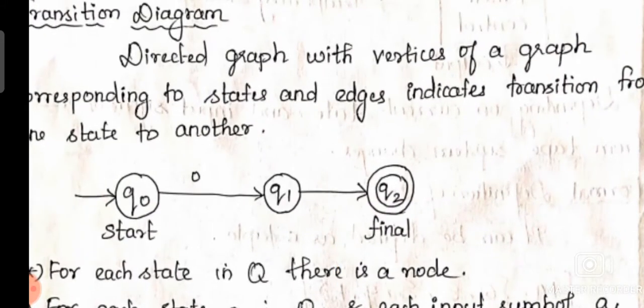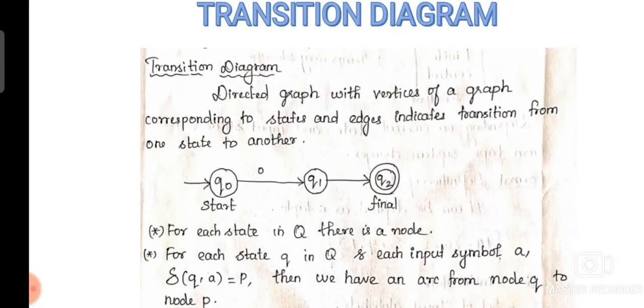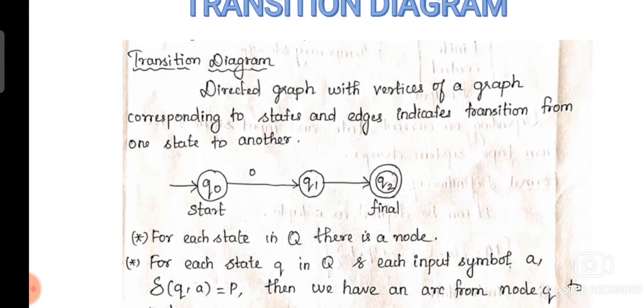Let us see how to draw the transition diagram. The transition diagram is a directed graph model with the vertices of the graph corresponding to the states. So we mention each state of the system with the help of a vertex, that is a small circle.